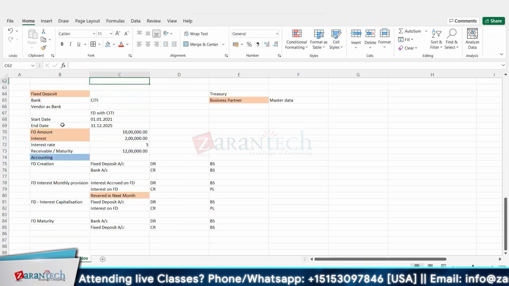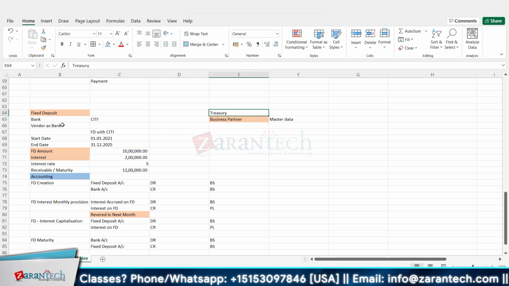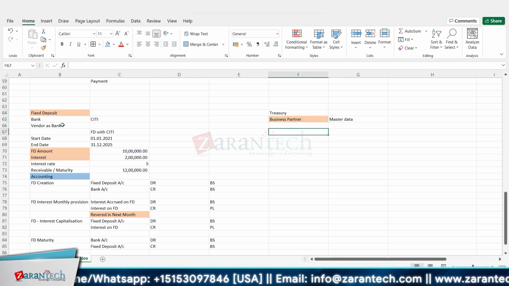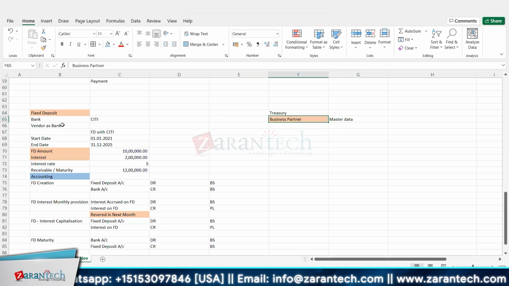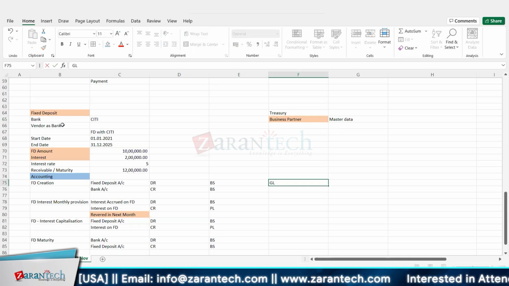Now here I'm in the treasury module. What are the important objects here? So here I mentioned the business partner. Then in the treasury, for all this accounting you need GL accounts.